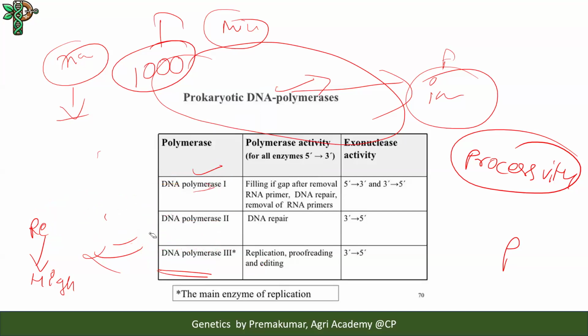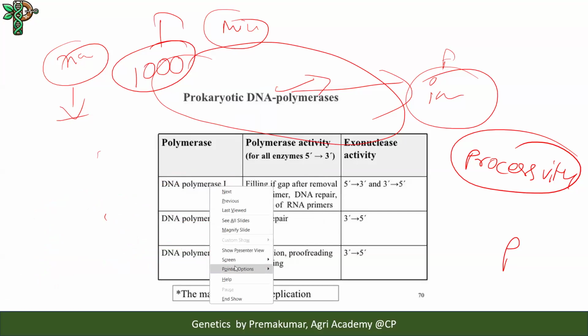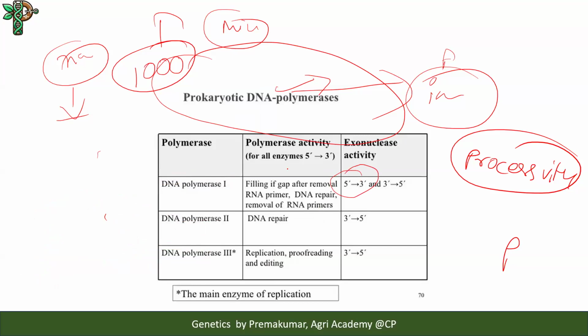For example, take DNA polymerase 1. The polymerase activity, meaning the adding of nucleotides, is in the 5' to 3' direction, and in all the enzymes it is 5' to 3'.